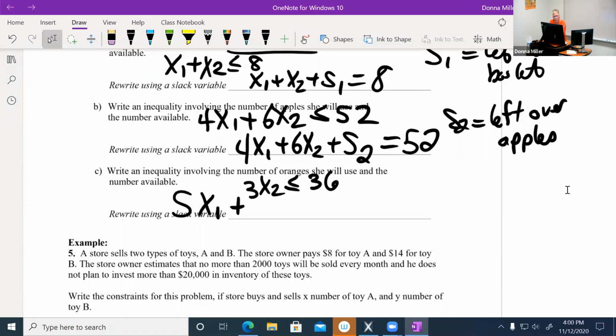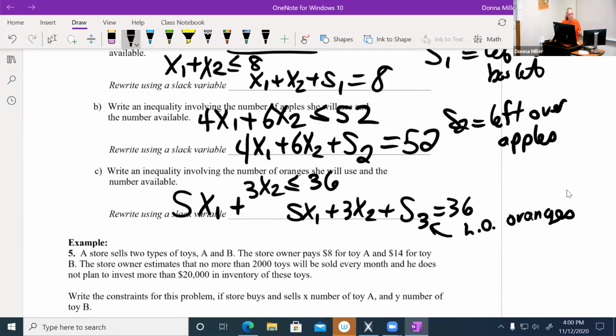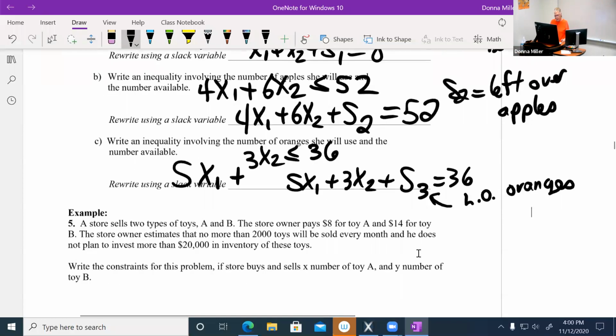So I would set this up as 5x1 plus 3x2 plus S3 equals 36. So this is the leftover oranges. For each resource you use in these problems, you introduce a different slack variable, and that'll help you set these up.